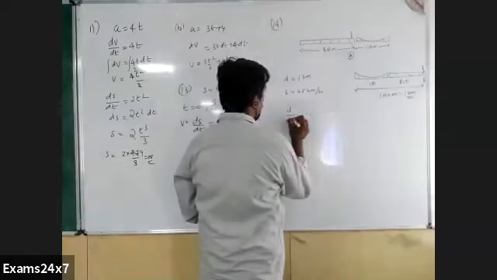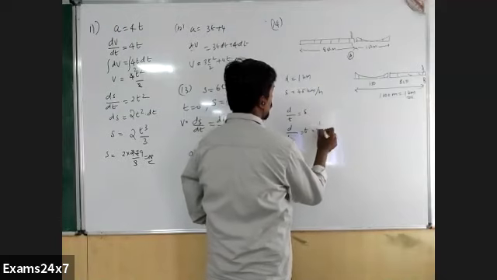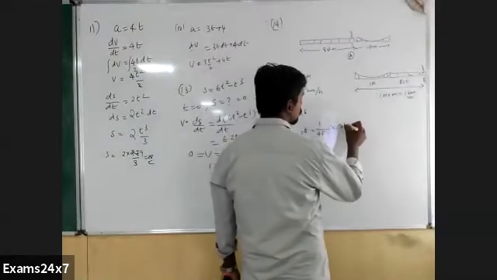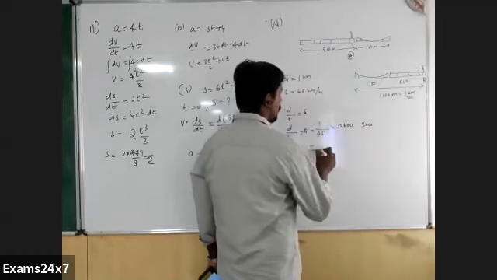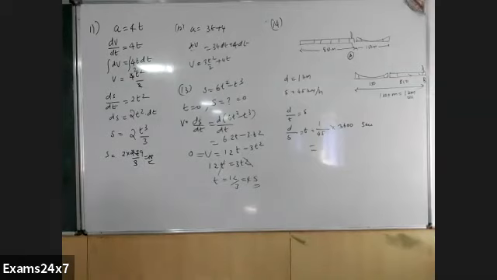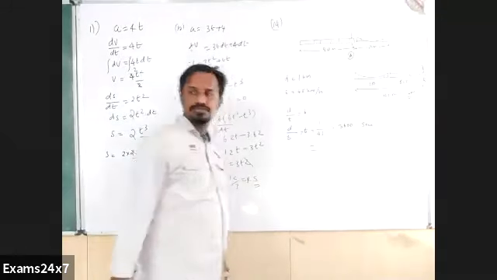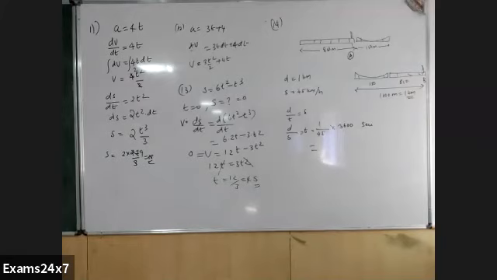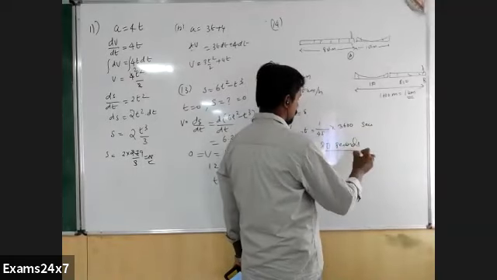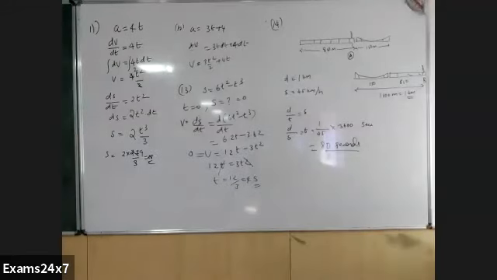You know that distance by time is equal to speed, or distance by speed is equal to time. 1 by 45 hour. 1 by 45 into 3600 seconds, since 1 hour is 3600 seconds. What do you get? Find it. It is 80 seconds. Understood.